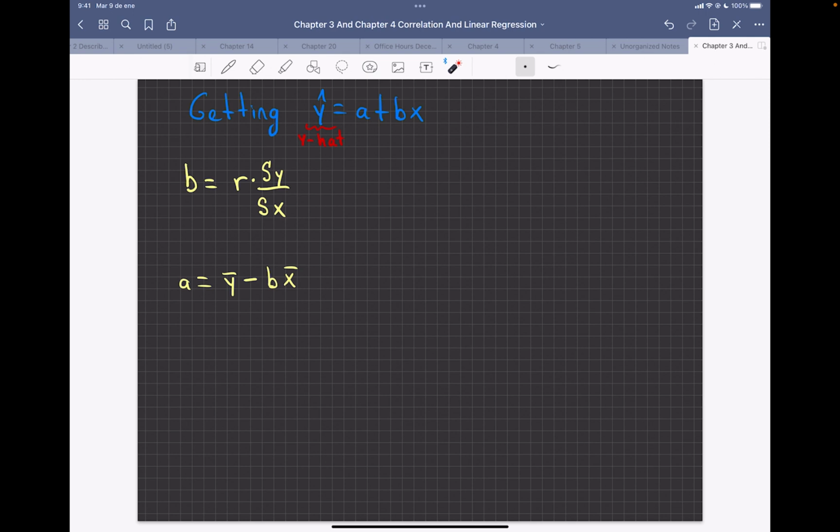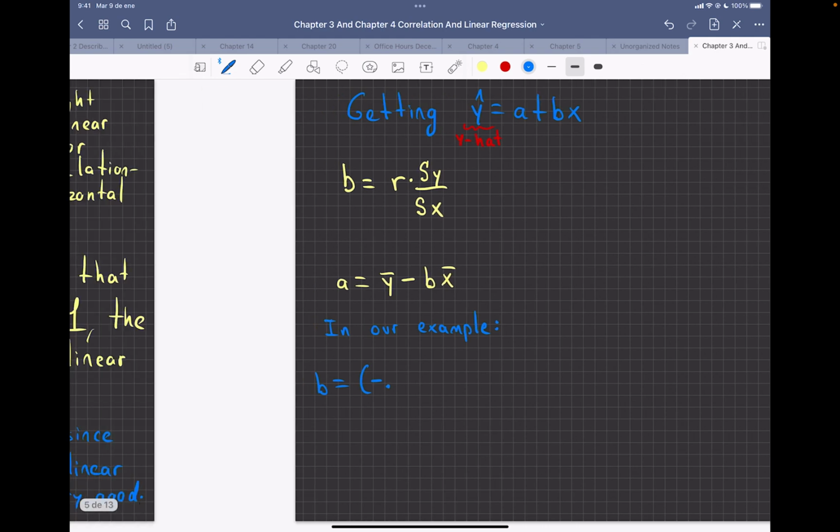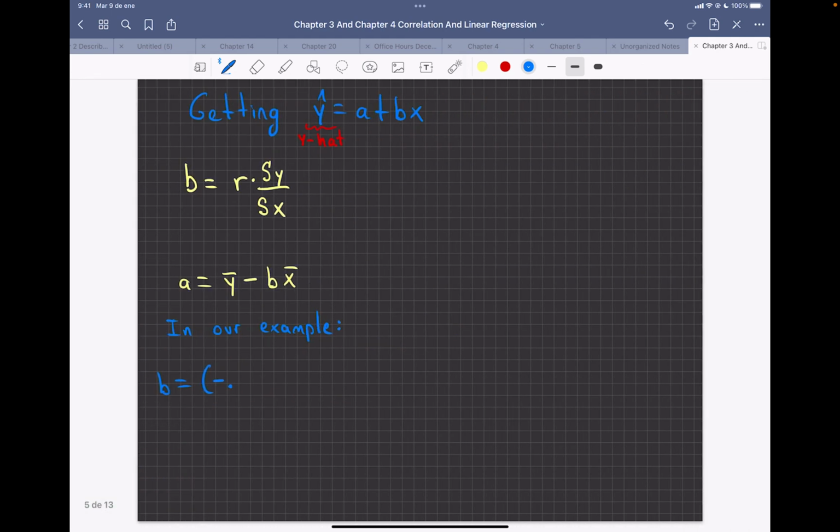So let's compute this. In our example, what is B? B is equal to the correlation coefficient, -0.916, times Sy.